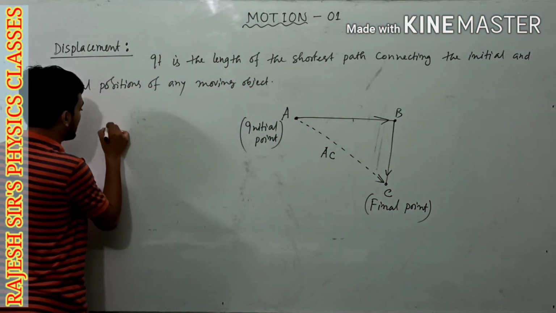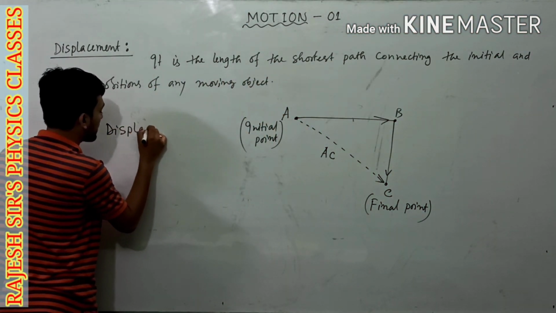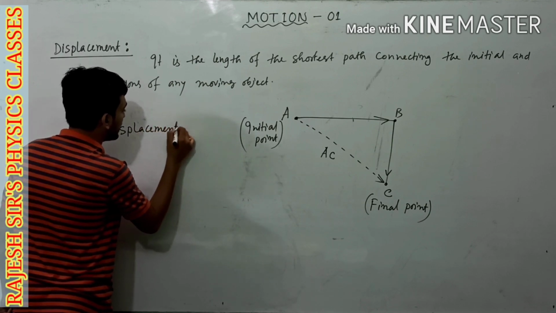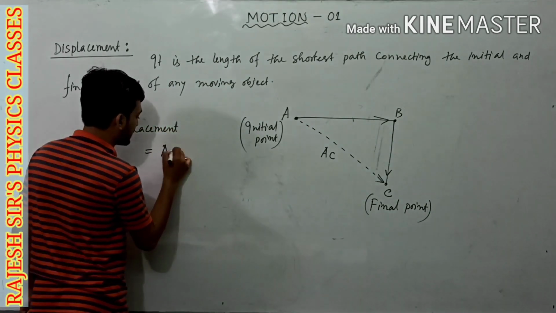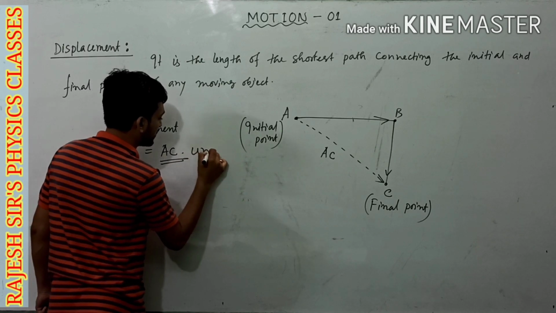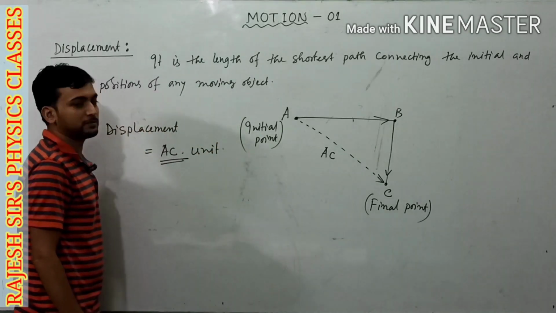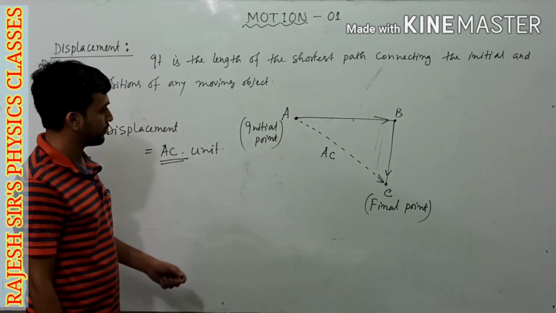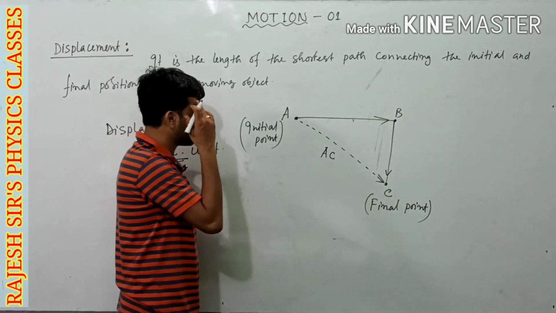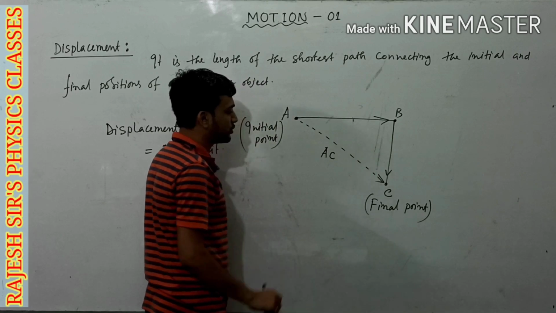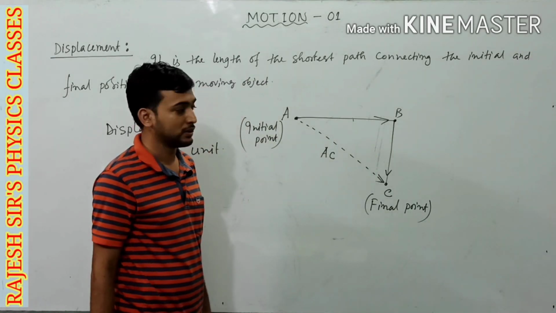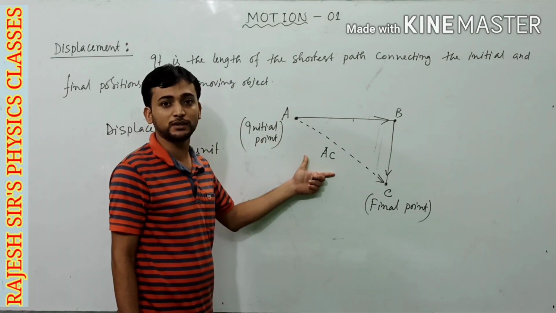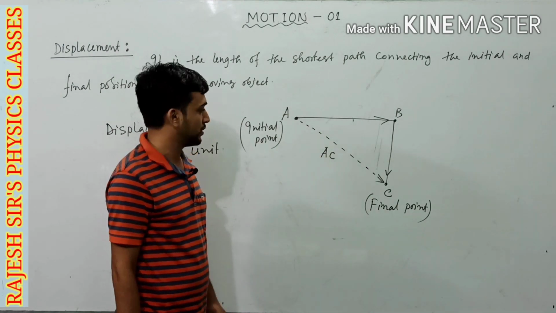So here displacement of the body will be AC unit. Now you have to remember one thing. You cannot find the shortest path in any way, as per your sweet will.